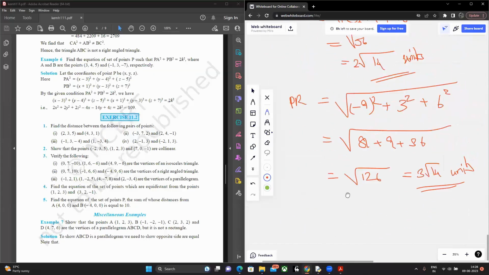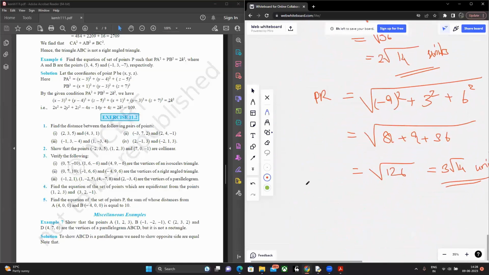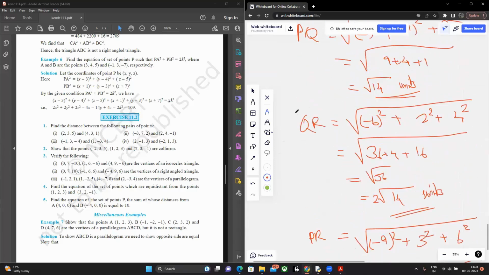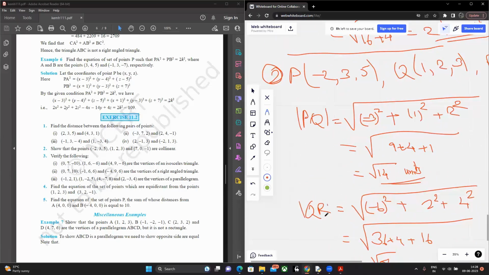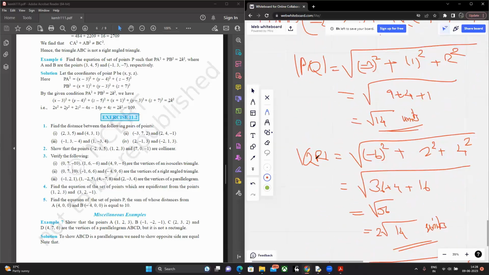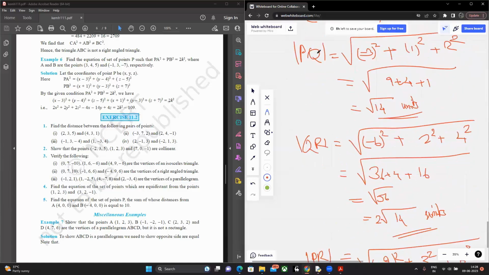Therefore, you can see that PQ plus QR is equal to, actually, instead of just writing PQ and QR, I have to write mod of PQ and QR. Because PQ is a line segment, QR is a line segment, PR is a line segment, this represents the distance or the length of the line segment.